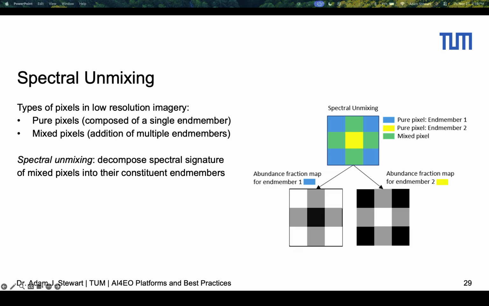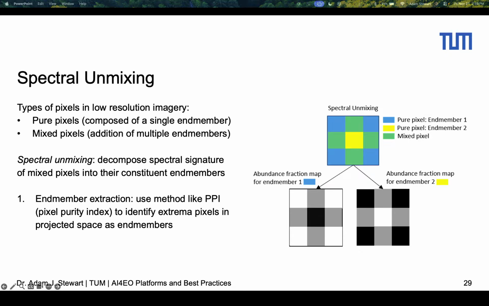So we're decomposing the spectral signature of these pixels with multiple colors into their constituents, their components. How do we do this? There's a pixel purity index that you can use, where you basically look for extrema, very unique and simplified color spectra.